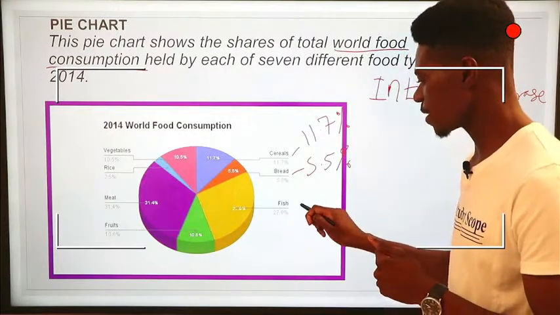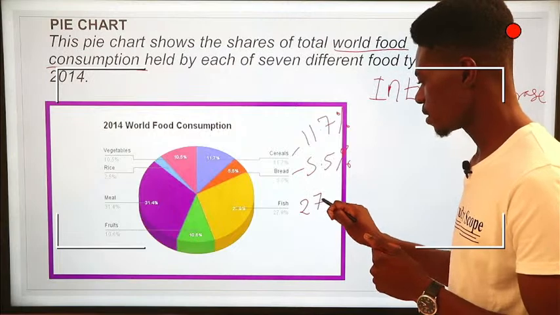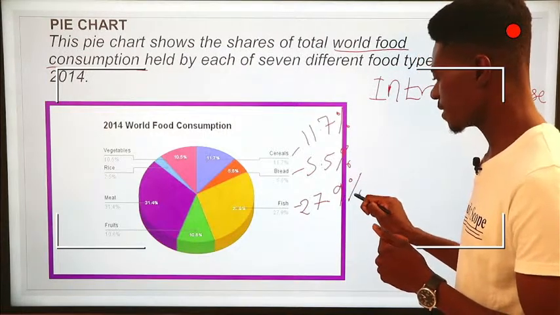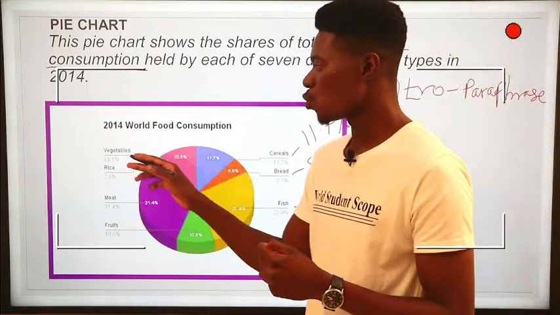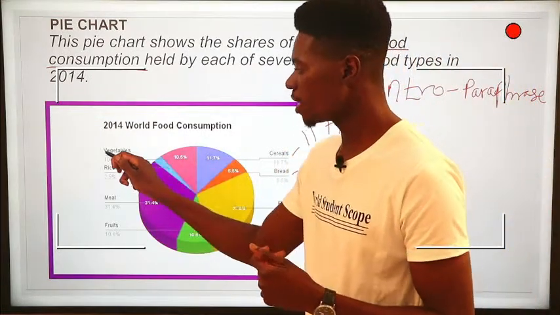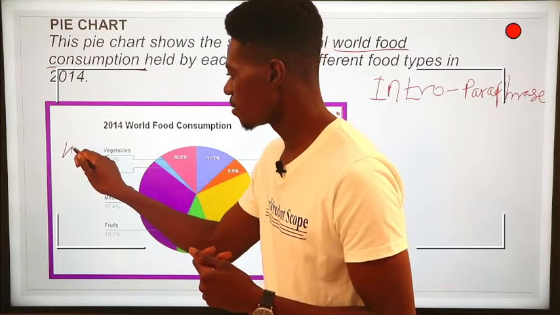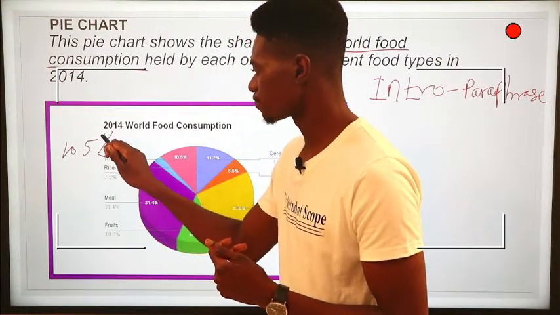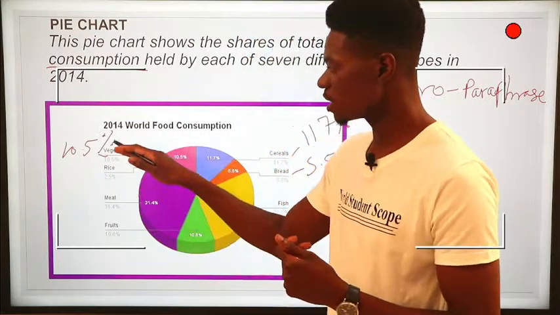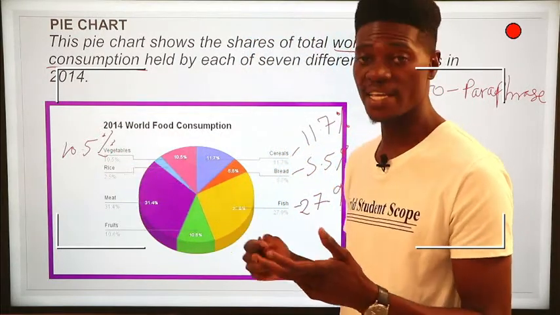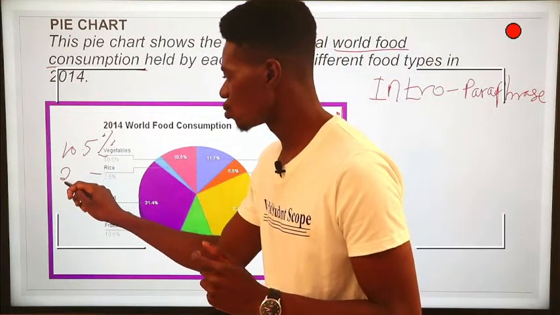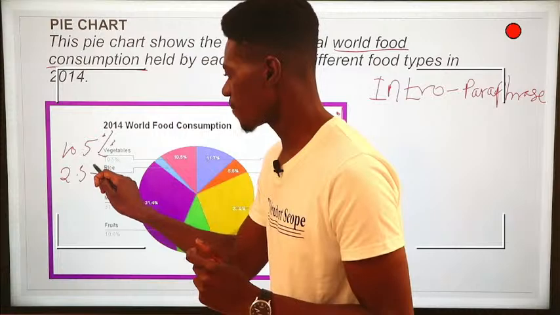Fish has been given 27.9 percentage. Moreover, we have been given vegetable, which is 10.5 percentage. Not only this, but also we have been given rice. Rice has been given 2.5%.